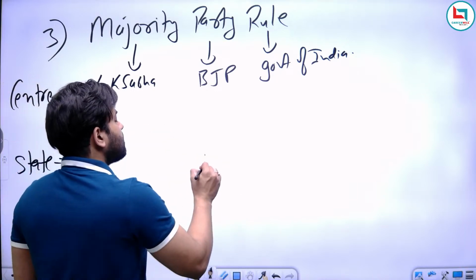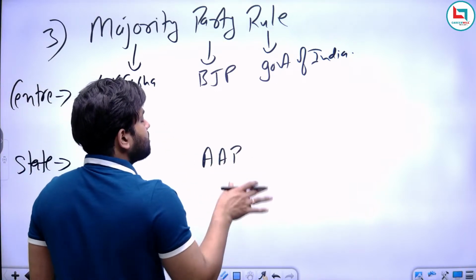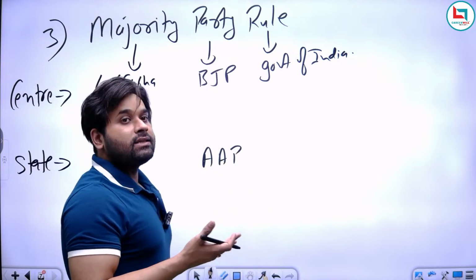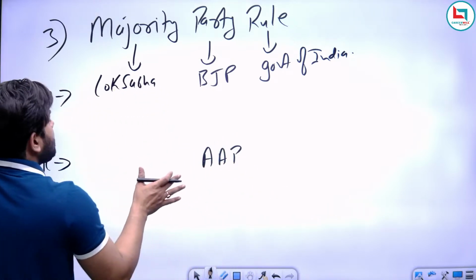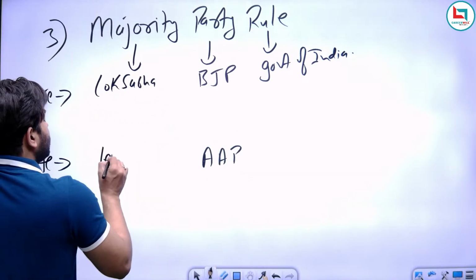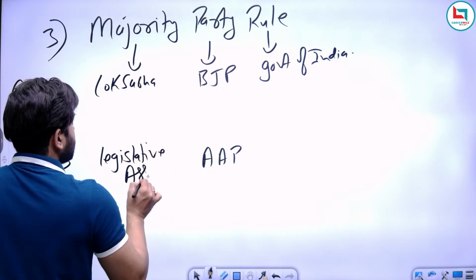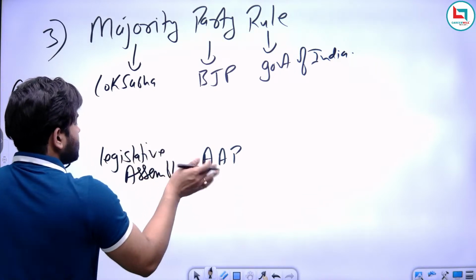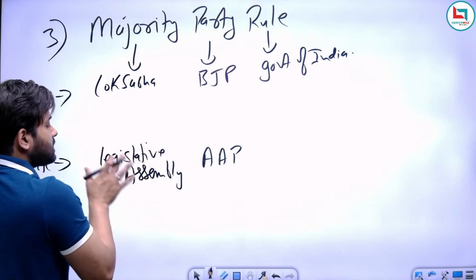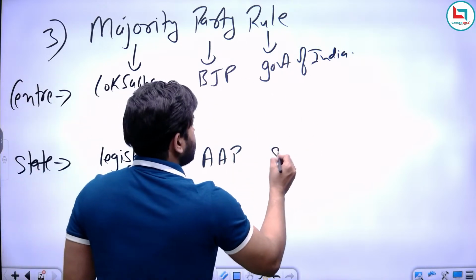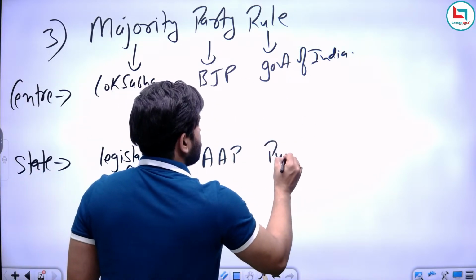So in Punjab, which party is in power? Aam Aadmi Party is in power. Now why Aam Aadmi Party is in power? Because Aam Aadmi Party was able to secure majority in legislative assembly.